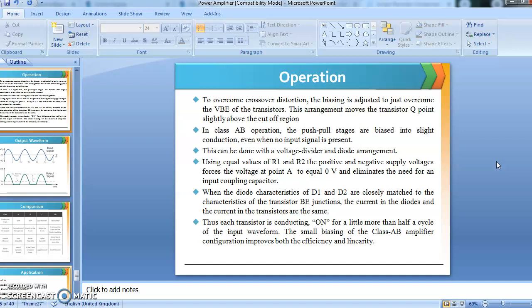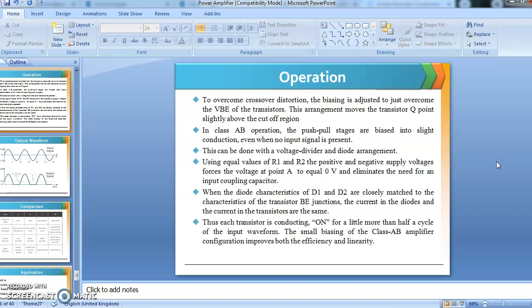The biasing is adjusted to just overcome the VBE of the transistor. For that, the Q point is slightly above the cutoff region. In the class AB amplifier, the push-pull stages are biased into slight conduction even when no input signal is present.